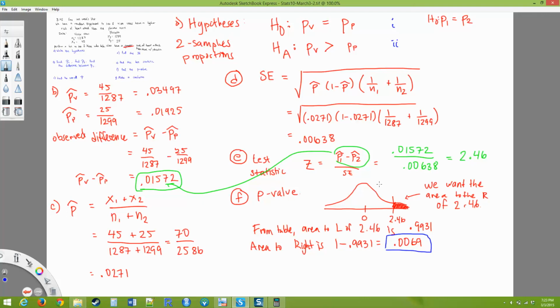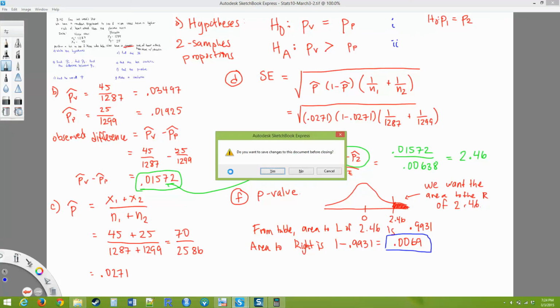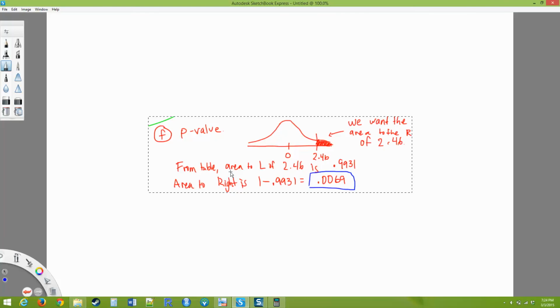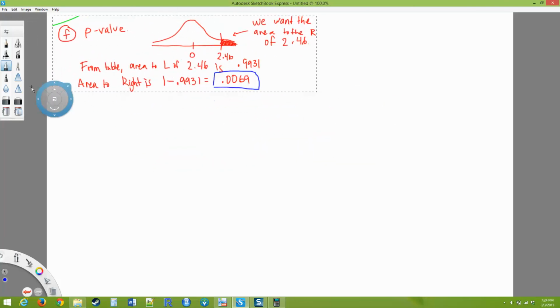So just remember that so far, the part that we have is that our p-value is 0.0069. Okay, so our p-value is 0.0069.